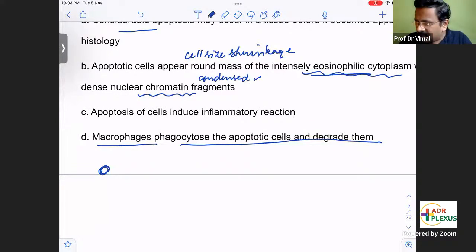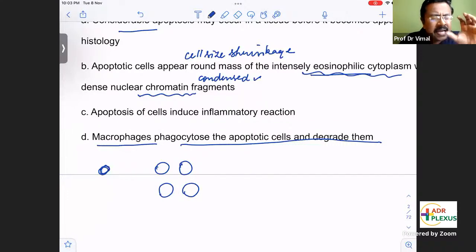And a very important point: macrophages phagocytose the apoptotic cells and degrade them. Normally, what will happen after apoptosis? The apoptotic bodies will be formed. These will be intact round bodies, and macrophages will recognize them and phagocytose them. The mechanism of phagocytosis which occurs in apoptosis is called efferocytosis.